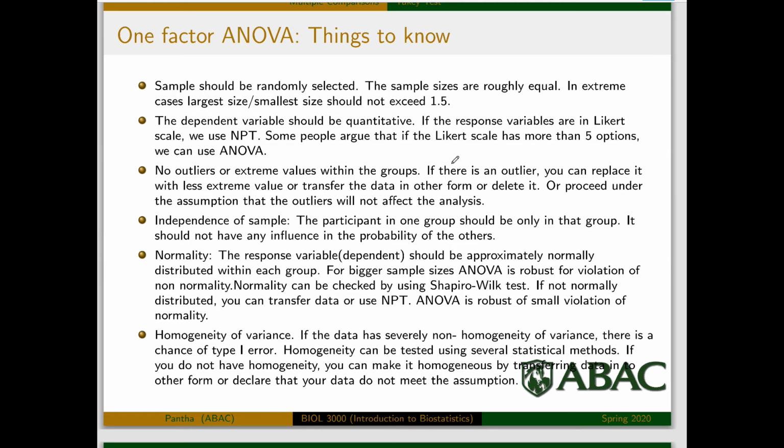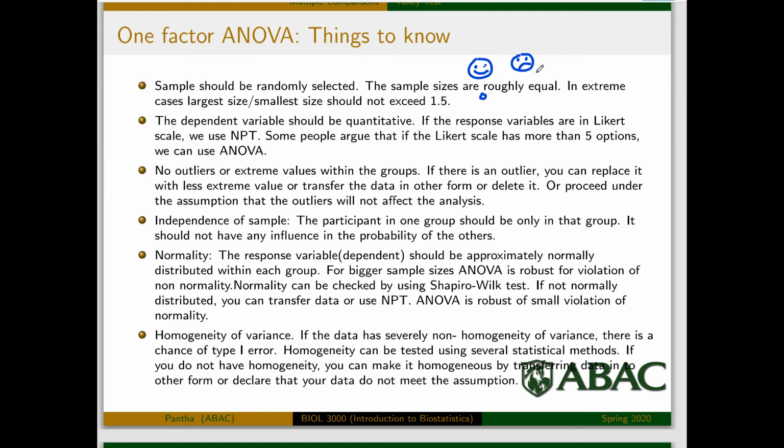So if the response variable is on a Likert scale, do you remember that? In the hospital, if you have no pain, then you give 0. If you have a little bit of pain, then you give number 1 pain, and so on.